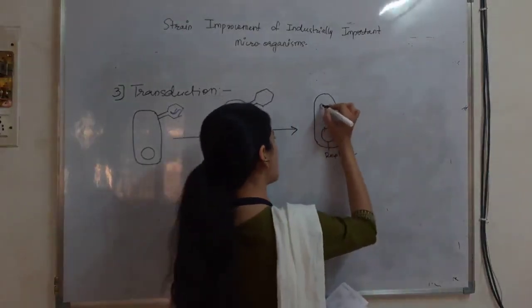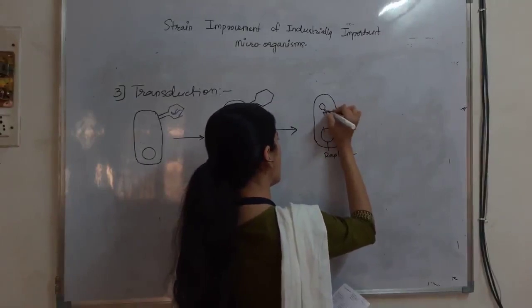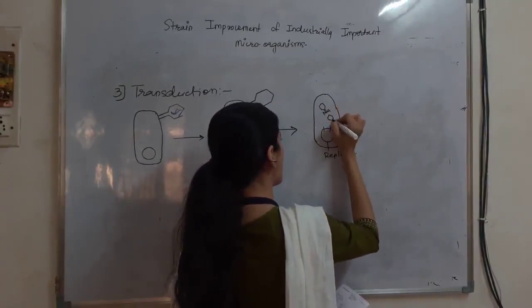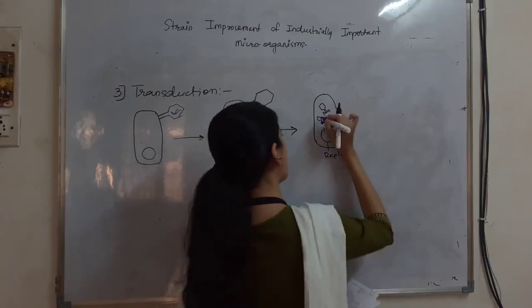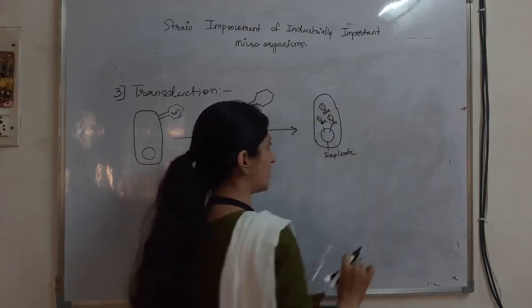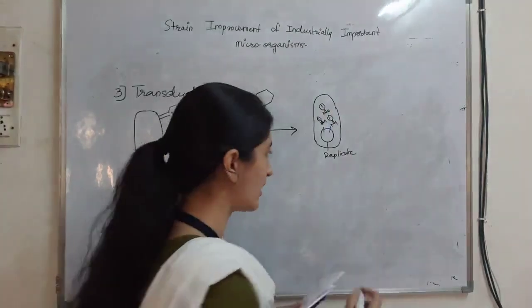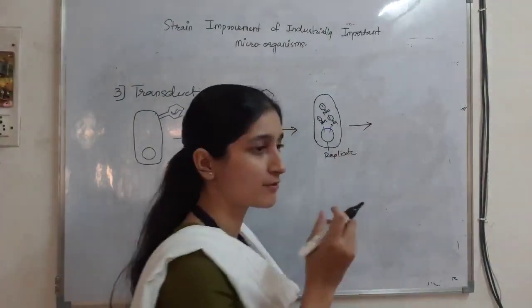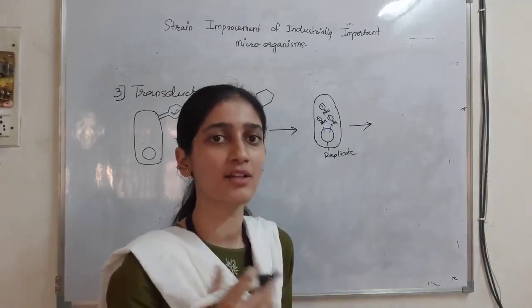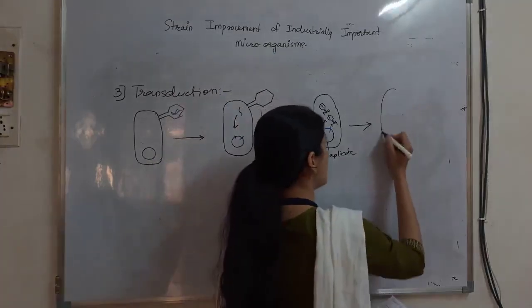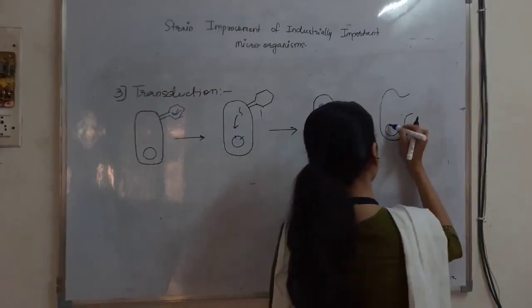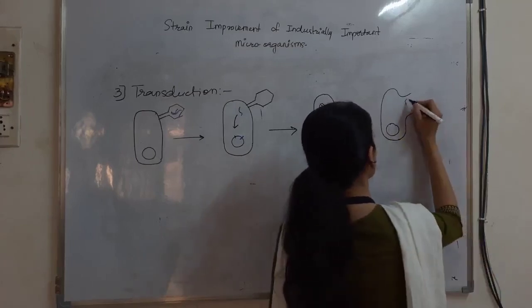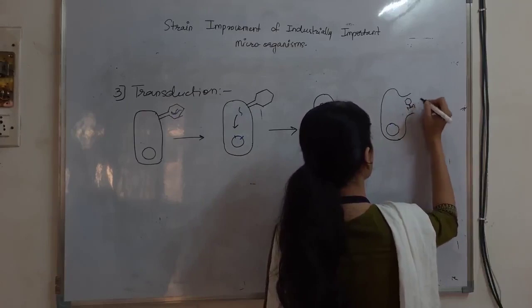So it is going to produce virus particles in the host cell and pack its own genetic material along with it. Now, if the bacteriophage undergoes lytic cycle, this cell will burst, and all these viral particles will be released into the environment.